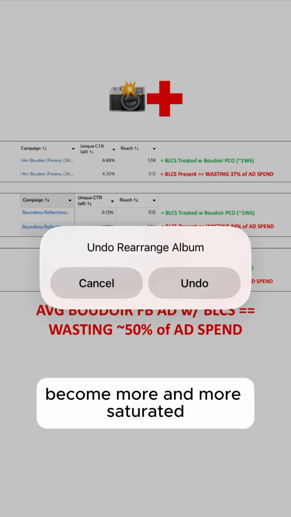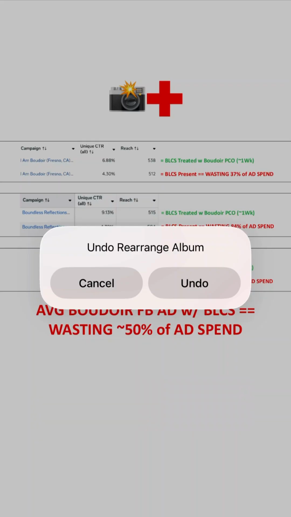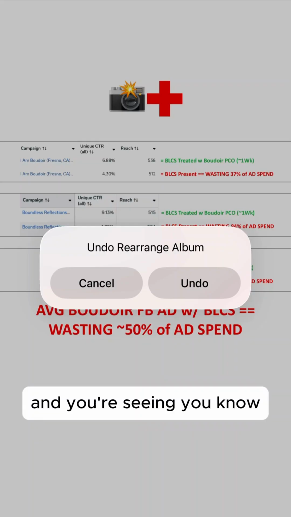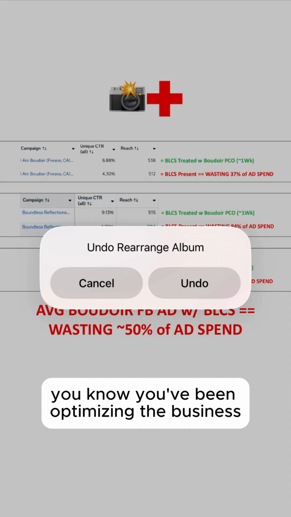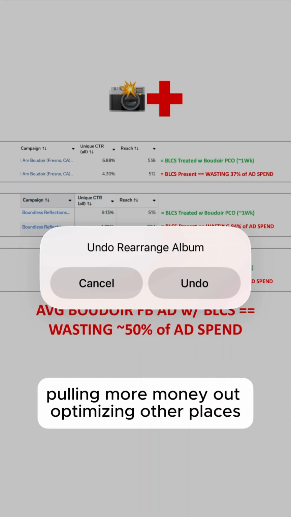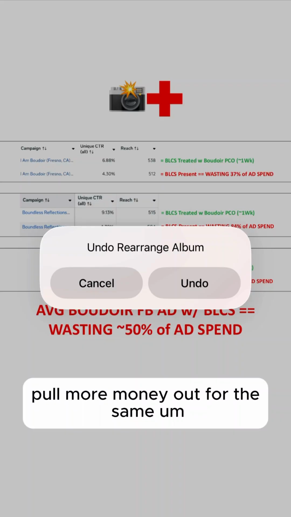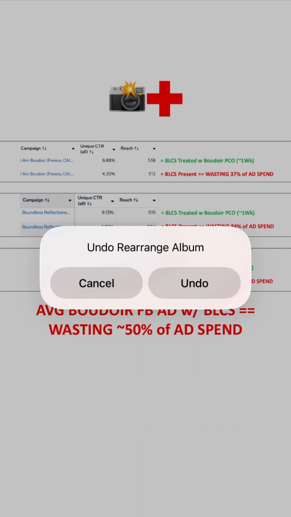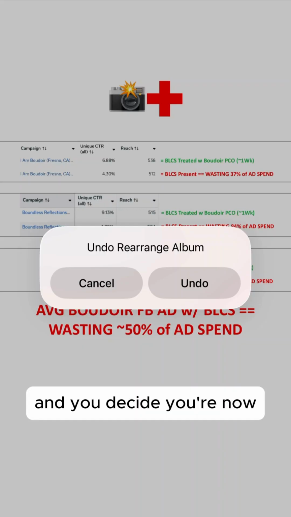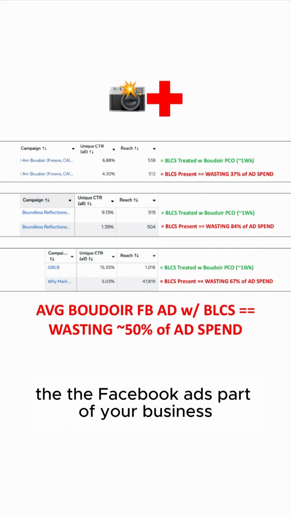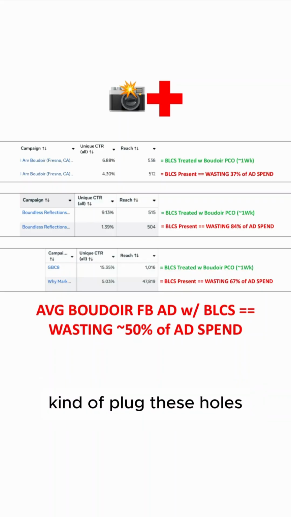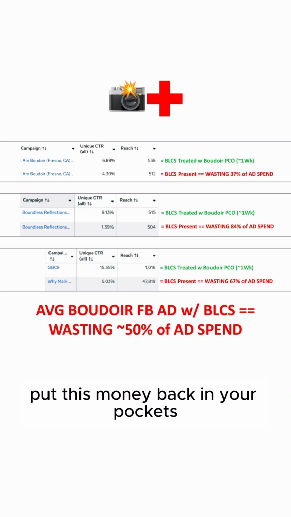So you're just seeing the market become more and more saturated for the same number of buyers. And you're seeing inflation and living costs. So you've been optimizing the business, pulling more money out of other places for the same input, same effort. And you decide you now want to do that with the Facebook ads part of your business. Kind of plug these holes, become more efficient, put this money back in your pockets.